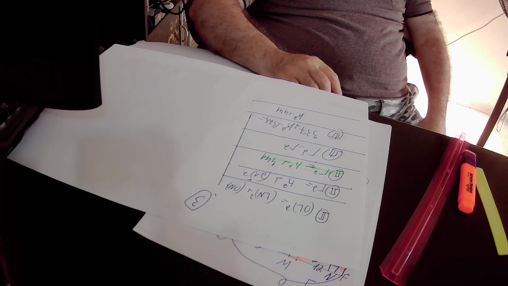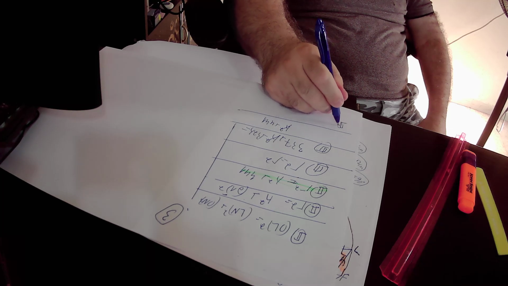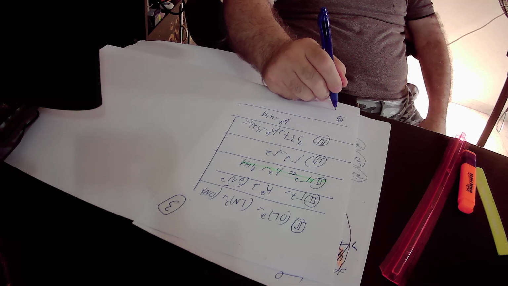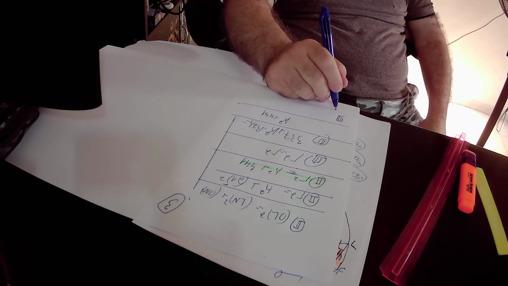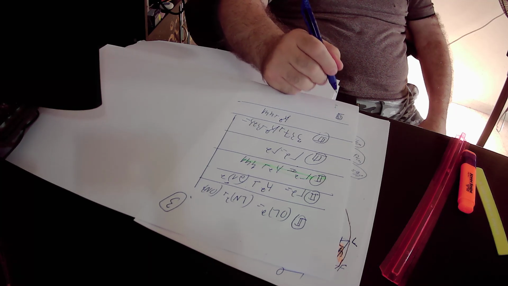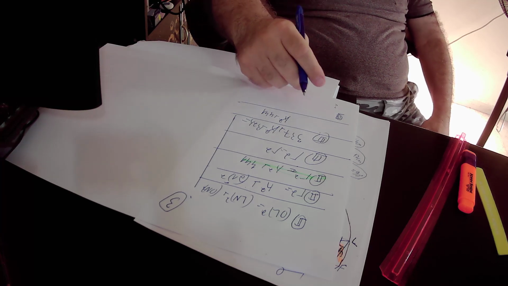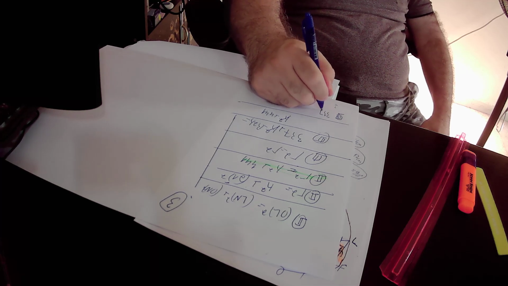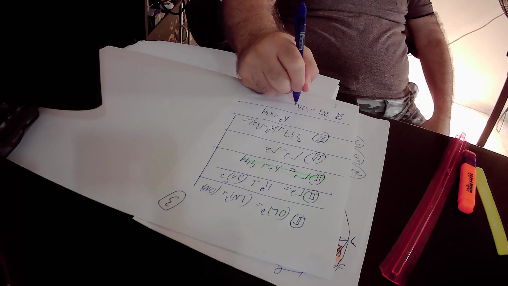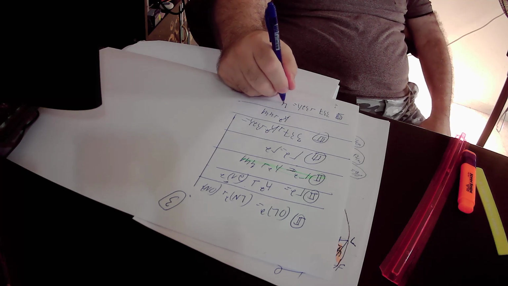What is left after we cancel H squared? We have on this side of the equation 337 plus 32H, that is equal to 441.